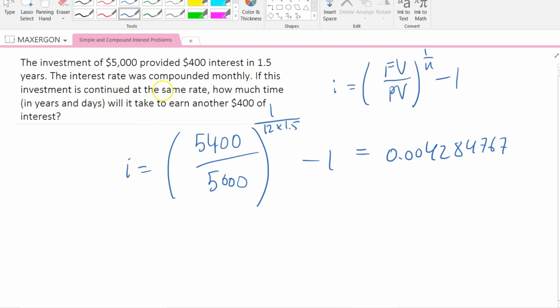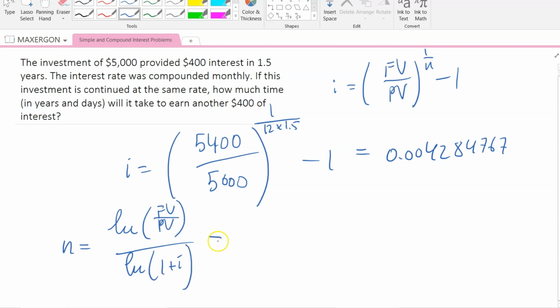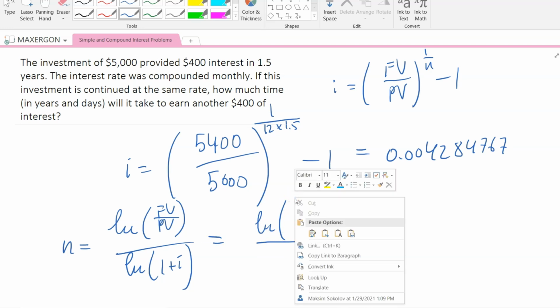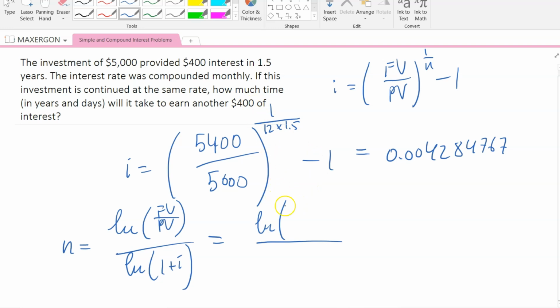In the next part of the problem, we need to find time. So we'll use the formula for n. It's going to be logarithm of future value divided by present value, divided by logarithm of 1 plus I. Again, here the future value is going to be, now we are going to earn another $400 of interest, so it's going to be 5,800, because now we deal with another present value which has become 5,400, divided by 5,400, which is the new present value for the second part of this problem, and logarithm of 1 plus I. And I is this I that we already have found.